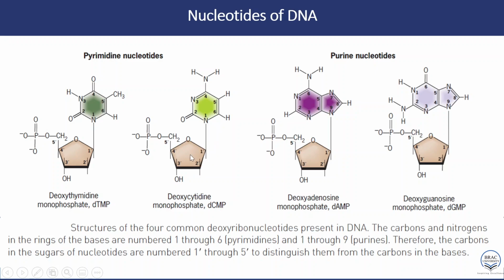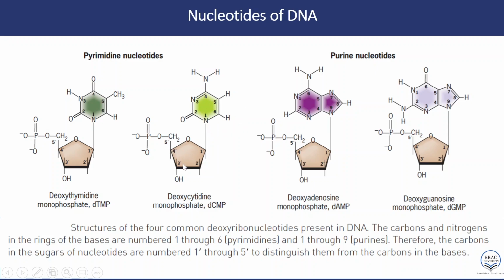As there is already 1, 2, 3, 4 numbering present, we cannot number the sugar 1, 2, 3. Rather we do 1 prime, 2 prime, 3 prime, 4 prime.